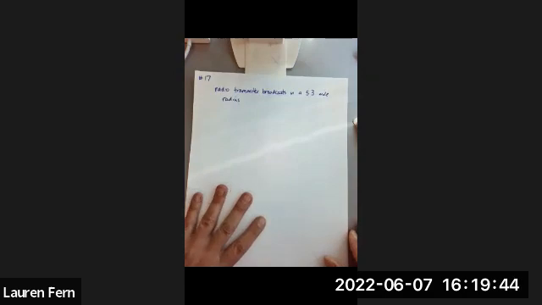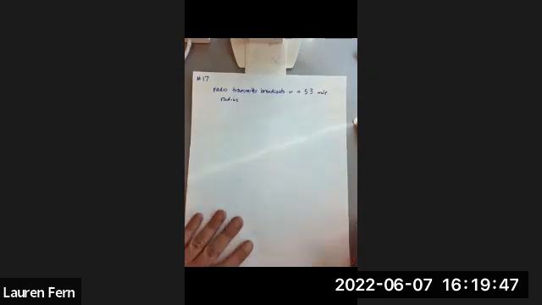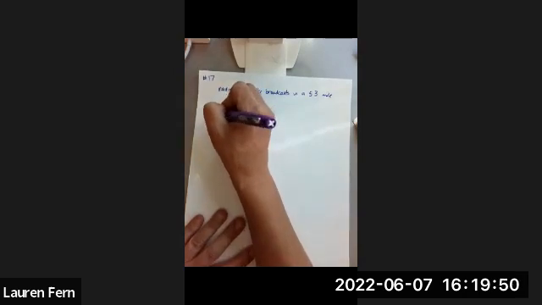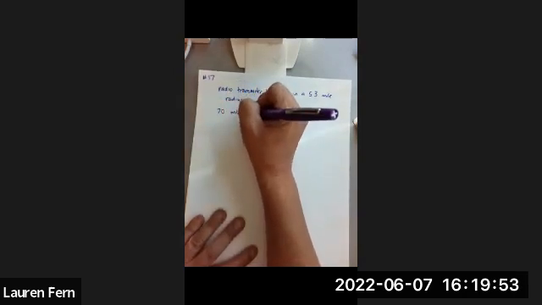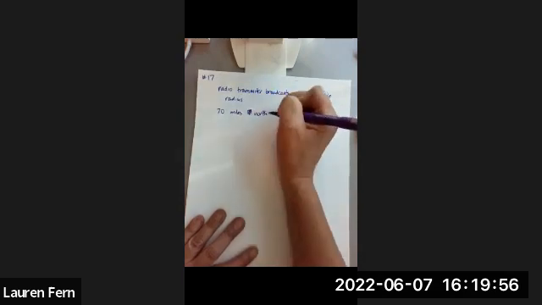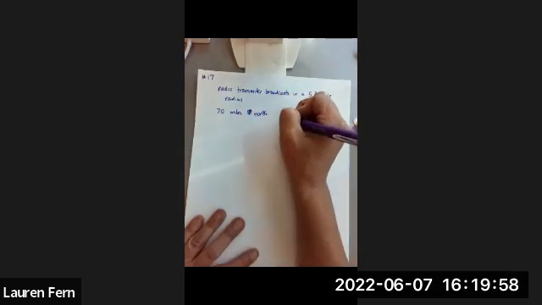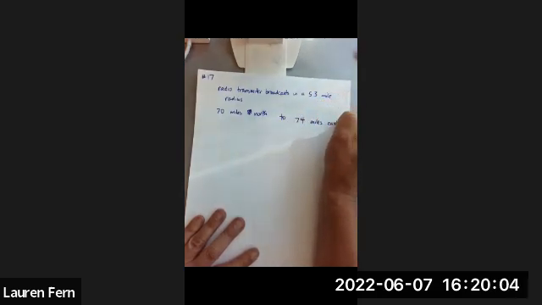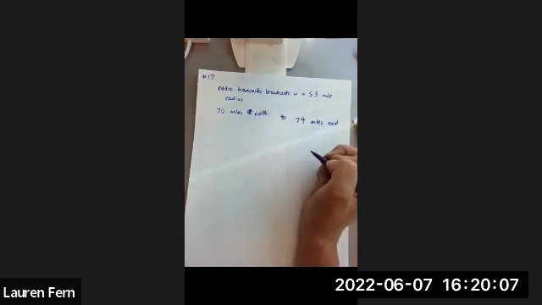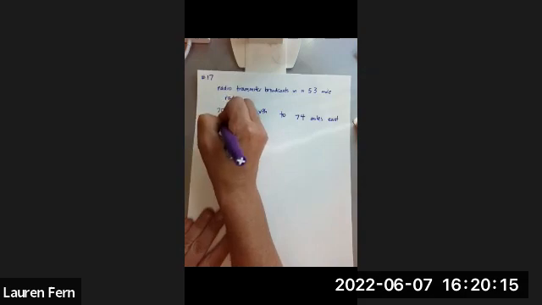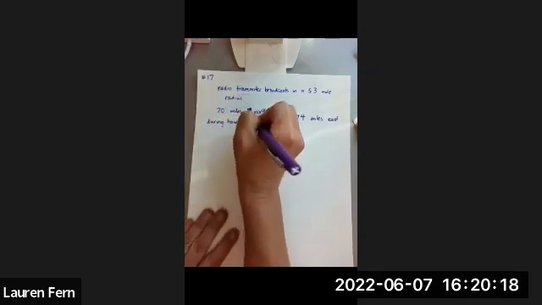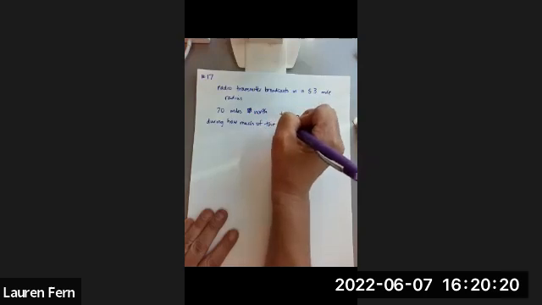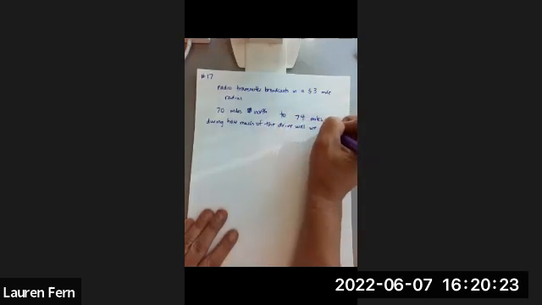And we are told if we drive along a straight line from a city that is 70 miles north of the transmitter to a second city that is 74 miles east of the transmitter, what we want to know is during how much of the drive will we pick up the signal from the transmitter?